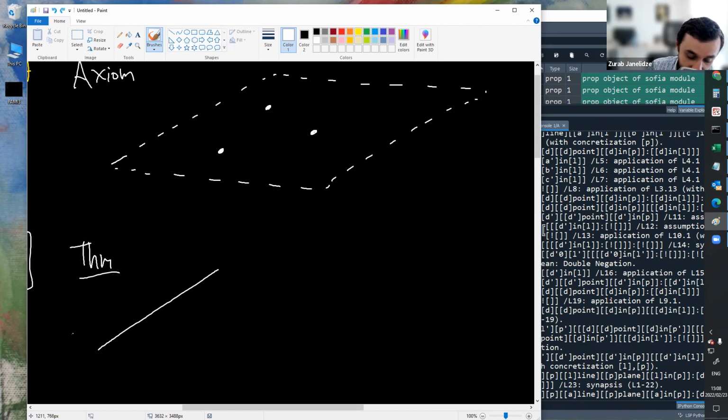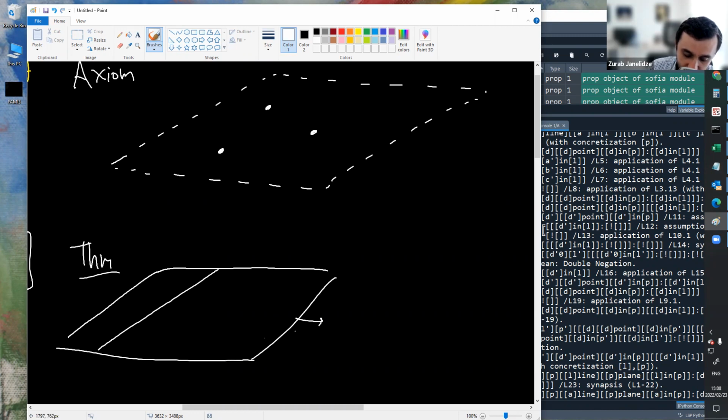The theorem is the following. If I have a plane, remember a plane is not finite, right? It continues infinitely, unless we are dealing with finite geometry, which is possible, but we're not going to look into that now. So if I have a plane and I have a line on it, inside the same plane but outside the line, we will always be able to find a point not lying on the line.